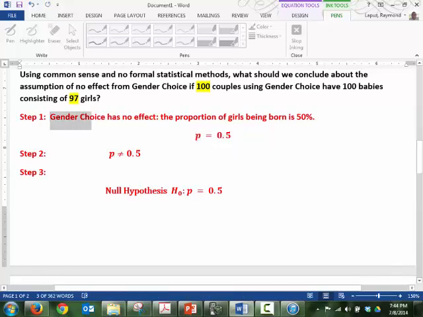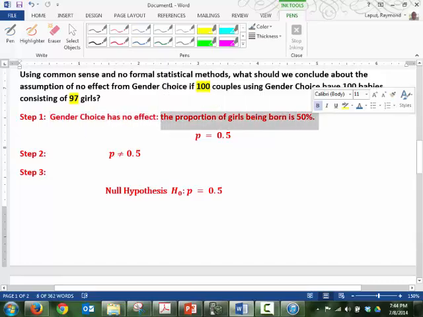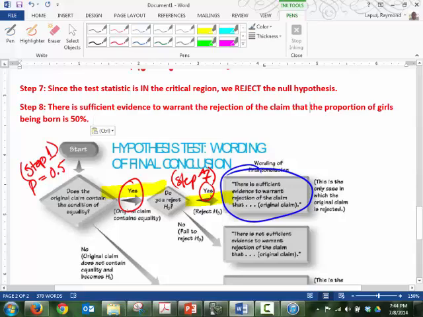So it looks like this was the actual statement. Either this or this, one of those two would work. I'm going to take the second one. That the proportion of girls being born is 50%. So that's rejected. So that probably means that this thing actually worked.